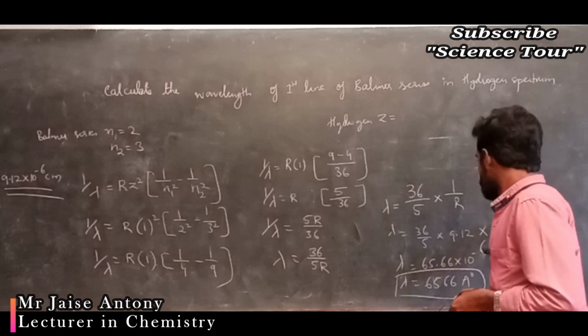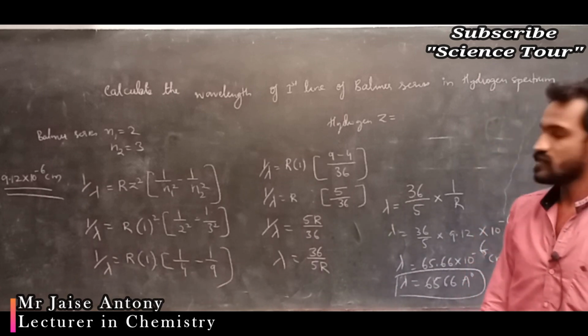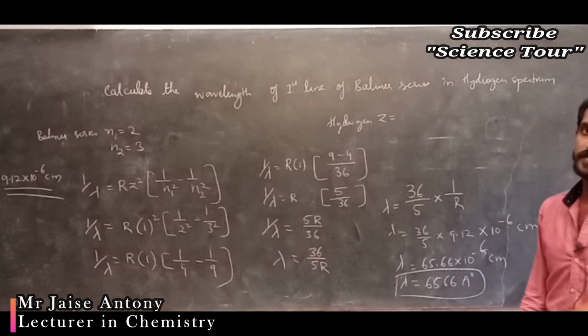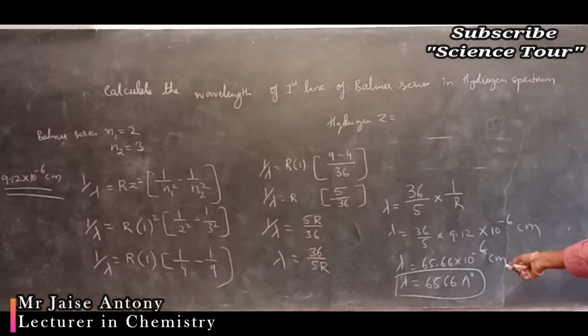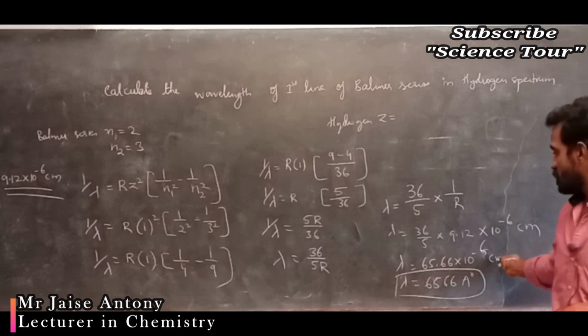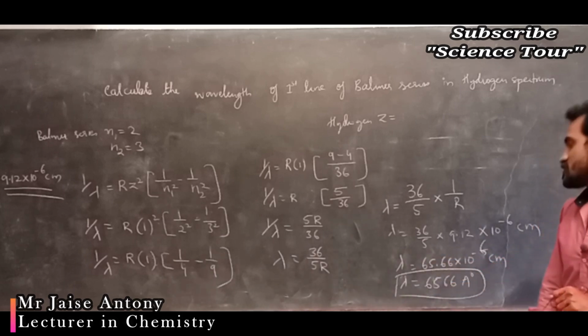So the same thing I can write in Angstrom as 6566, otherwise in centimeter it becomes 65.66.